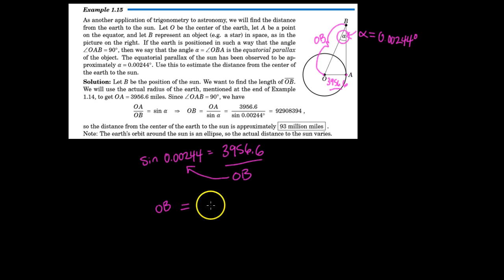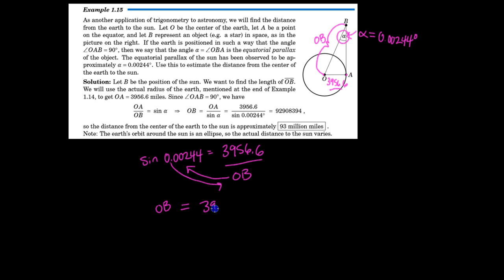So we have the sine of alpha, which is 0.00244, equals 3,956.6 over OB. Now, once again, to switch this around, I want to bring this OB up to the top on this side. So this is the distance from the center of the Earth to the Sun, and I'm going to bring this guy down below on that.